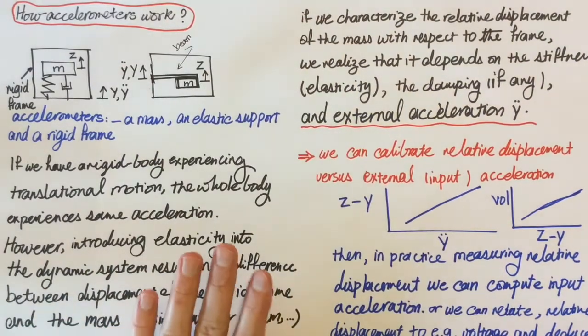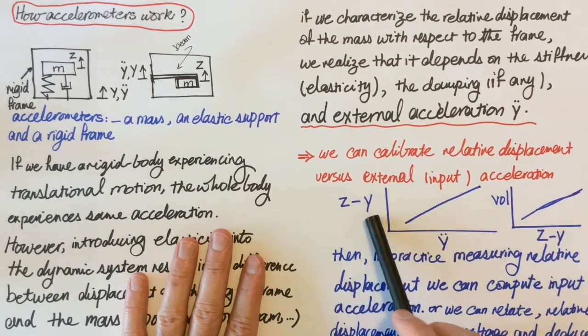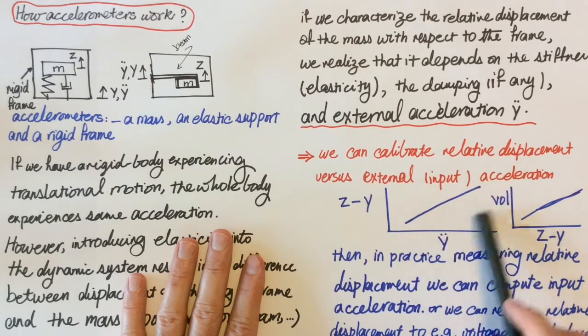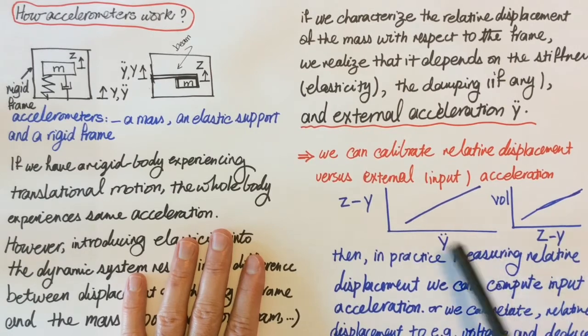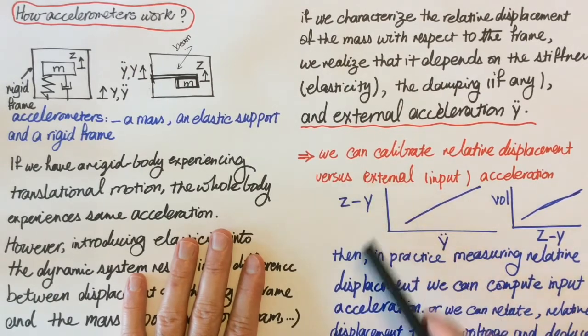So if I plot the external acceleration versus relative displacement, I see a line like this, for example. Let's say we have a linear relationship between the two. Whatever the relationship is, there is a direct relationship between the external acceleration and the relative displacement.